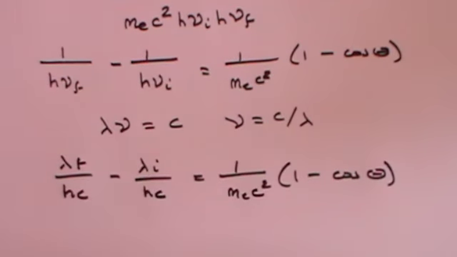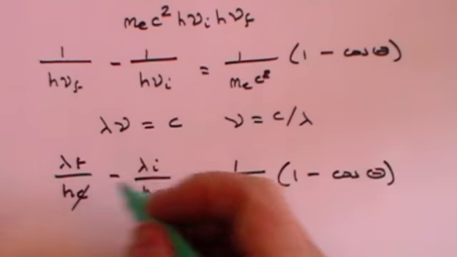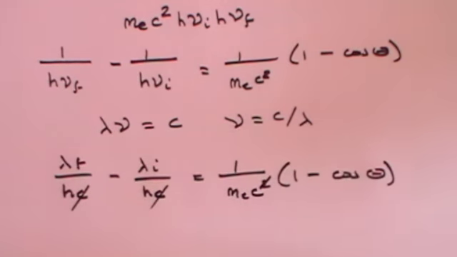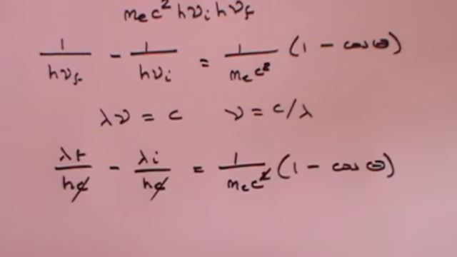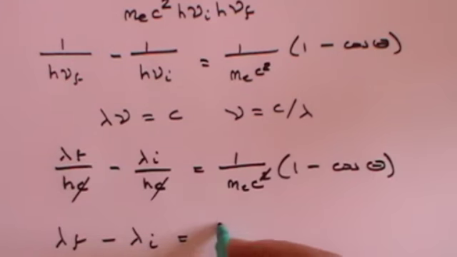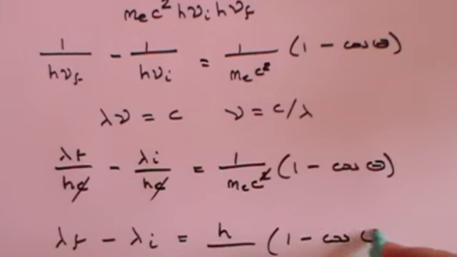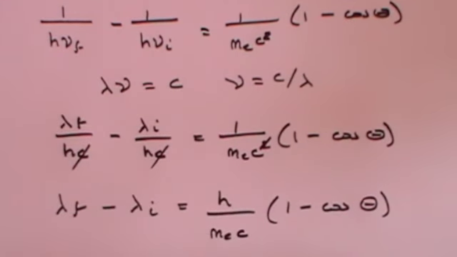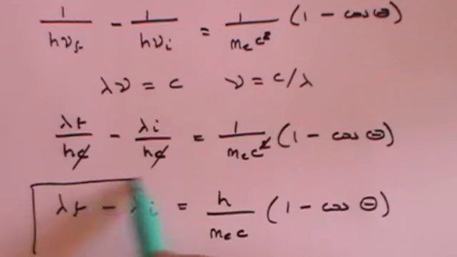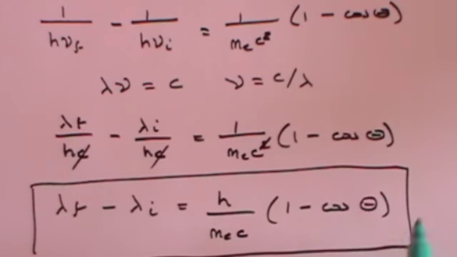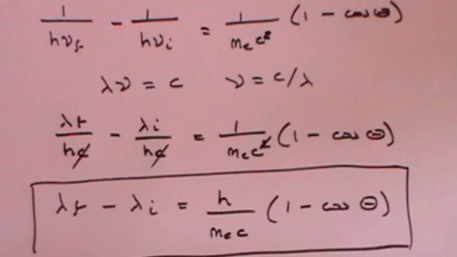Now I can cancel the c's, so that c goes, and one of those c goes. And now I can multiply both sides by h, so I get that lambda final minus lambda initial is equal to h over mec into 1 minus cosine theta. And that was the formula for Compton scattering that we were trying to find in the first place.